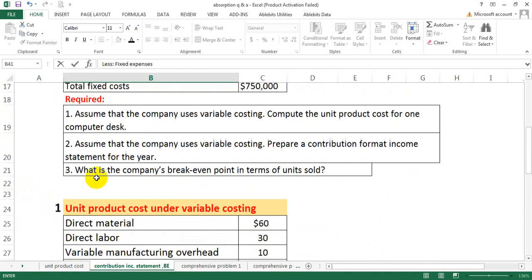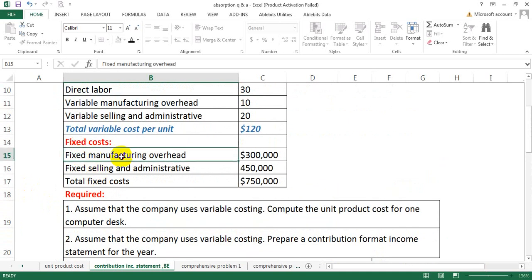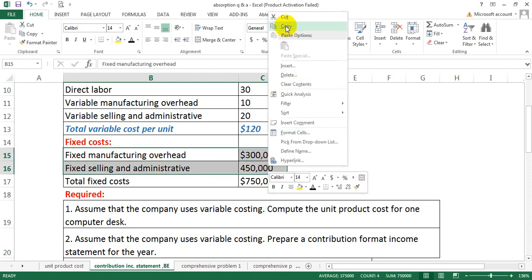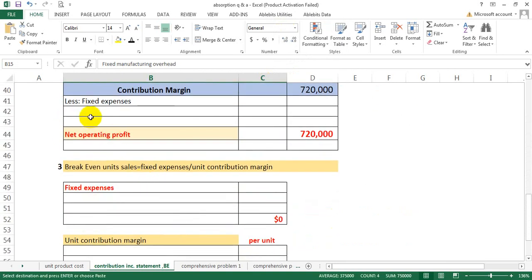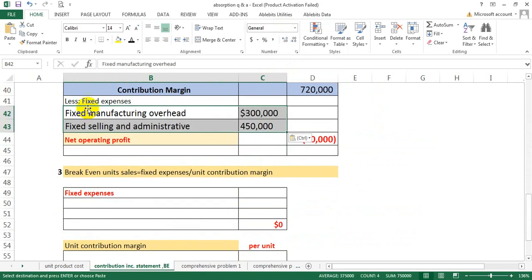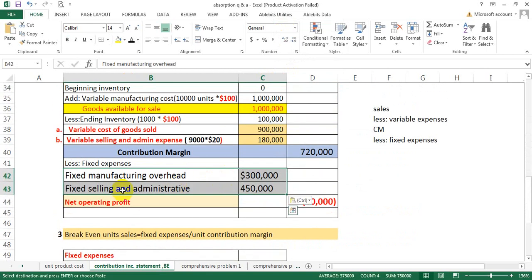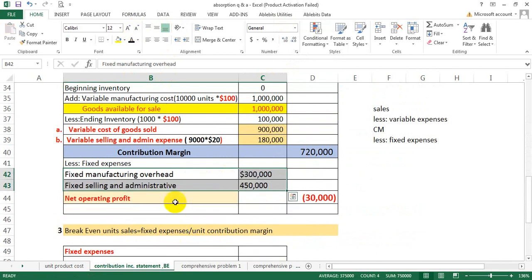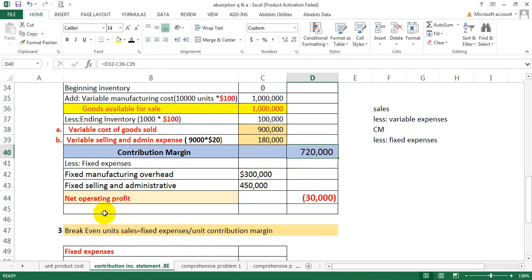How did I get them? Check in the question. Fixed manufacturing and fixed selling. We will take both expenses right here. After deducting these two from my contribution margin, I got a net operating loss.